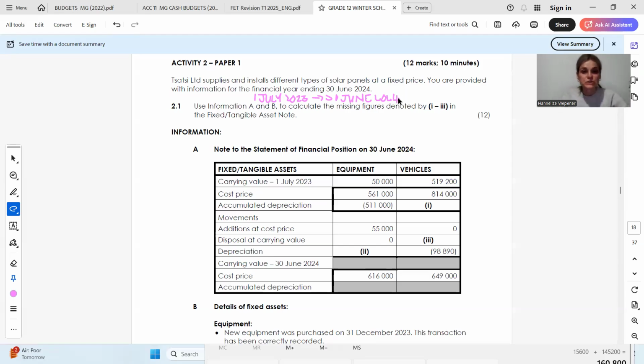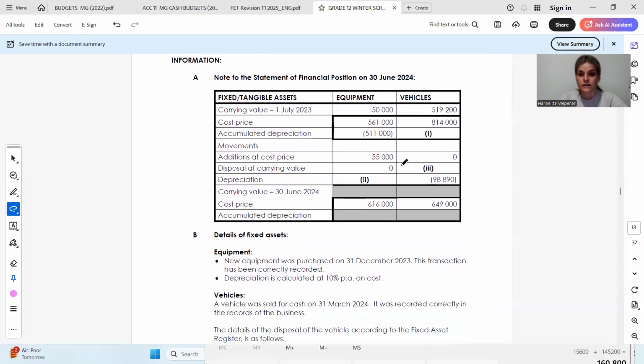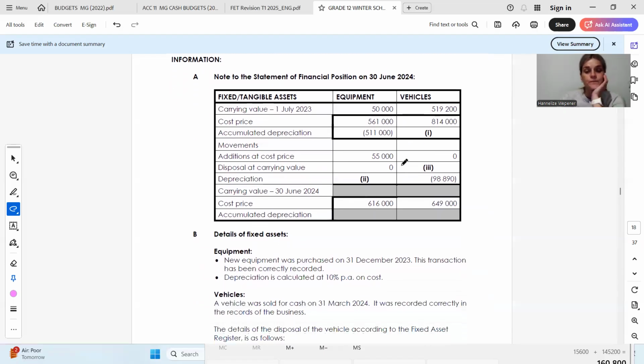Okay. So use the information A and B to calculate the missing figures in the fixed assets note. So you have here the note to the financial statements for 30 June 2024. Right, so you had equipment and vehicles. Remember that cost minus accumulated depreciation is equal to carrying value on day one.